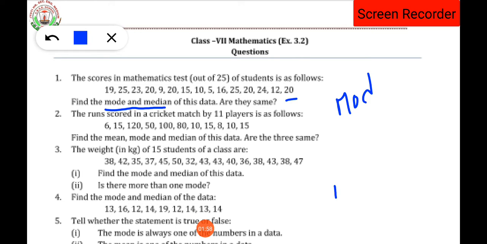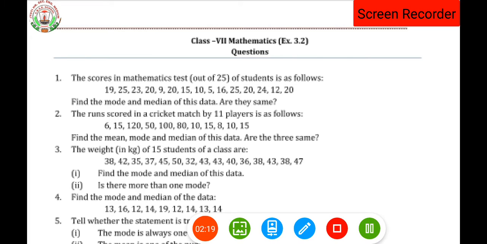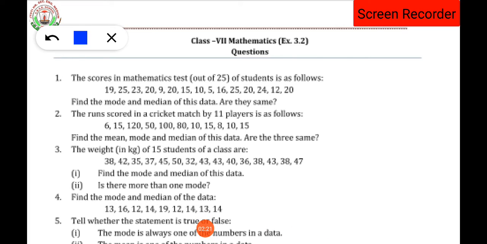Mode is the highest repetition. The number which occurs many times more than the other numbers is the mode. So for that we have to arrange the data in ascending or descending order. Similarly, in order to find the value of the median.